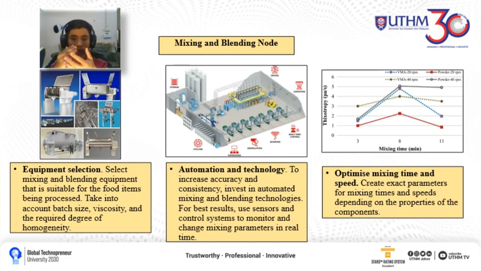To increase accuracy and consistency, invest in automated mixing and blending technology. For better results, use a sensor control system to monitor and judge mixing parameters in real time. And thirdly, optimize mixing time and speed. Create exact parameters for mixing time and speeds depending on the properties of the components.